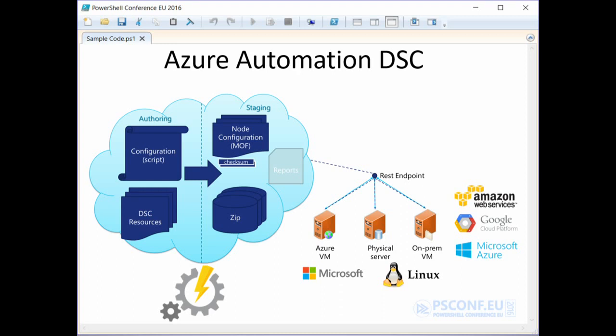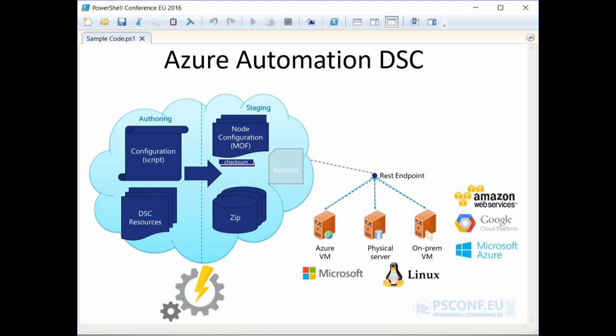Those will be dropped as zip files, just as if it were a local on-premises pull server. And we can put in configuration scripts, which we can compile on the service side or on your own authoring station, have them in the service, and then assign them server-side to the nodes.